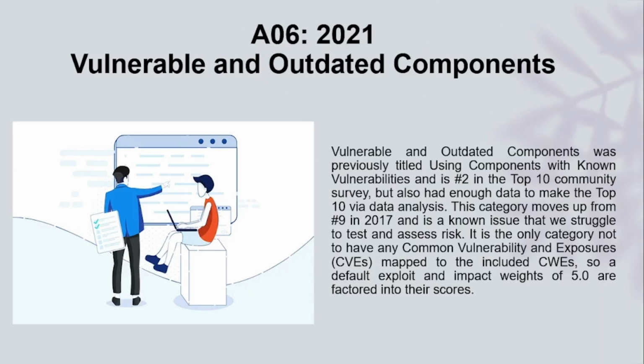This category moves up from place 9 in 2017 and is a known issue that we struggle to test and assess risk. It is the only category not to have any Common Vulnerability Exposures, that is CVEs, mapped to the included CWEs. So default exploit and impact weights of 5.0 are factored into their scores.